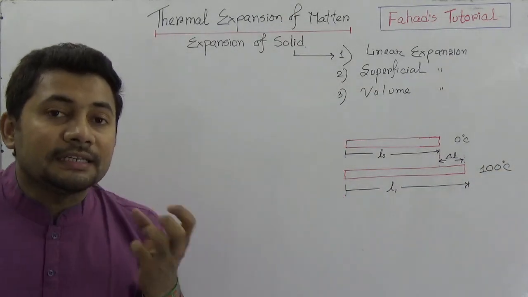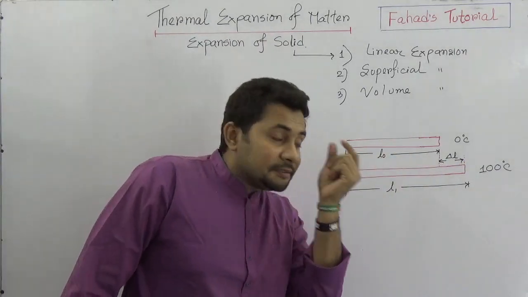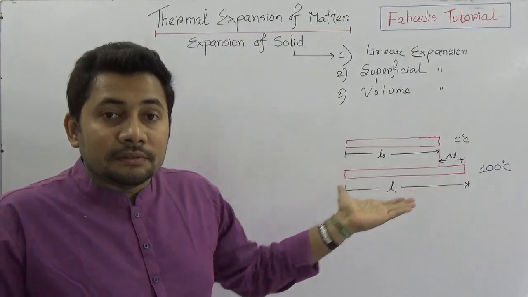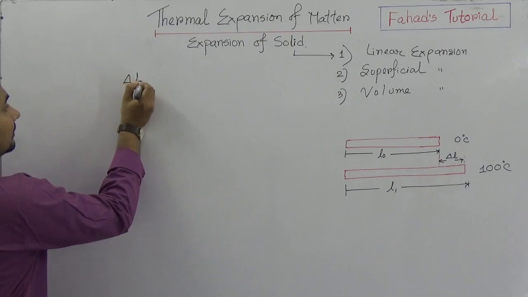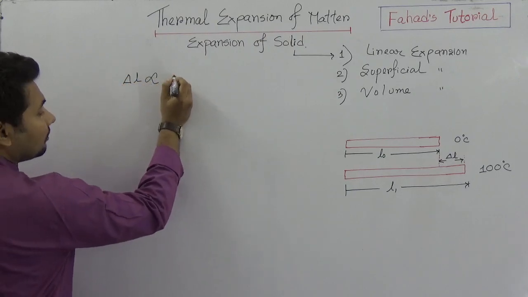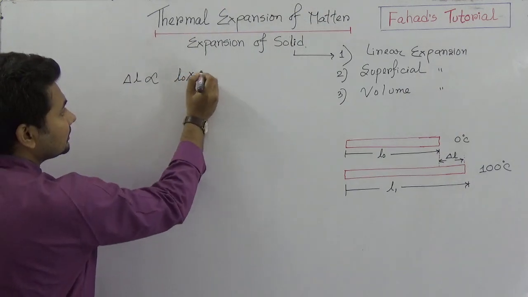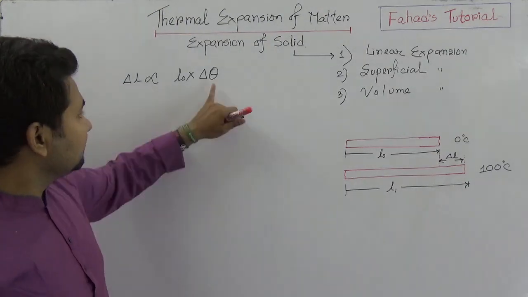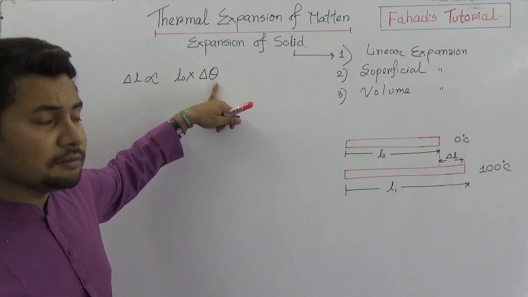So now what is the concept? That amount of increment in length happens due to the heating, and this del L depends on the previous length times the amount of temperature change. The amount of temperature change, we call del theta, or you can say del T, whatever.